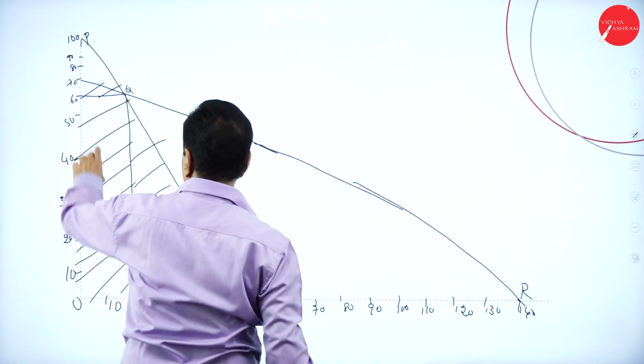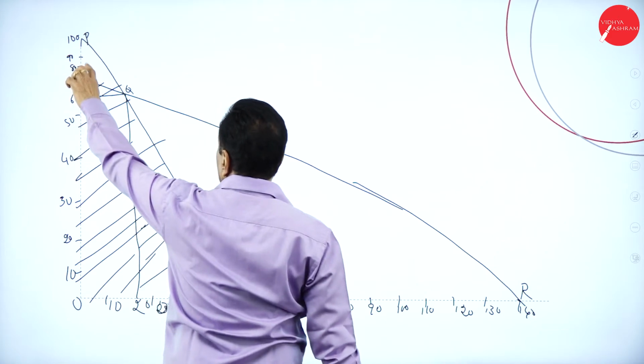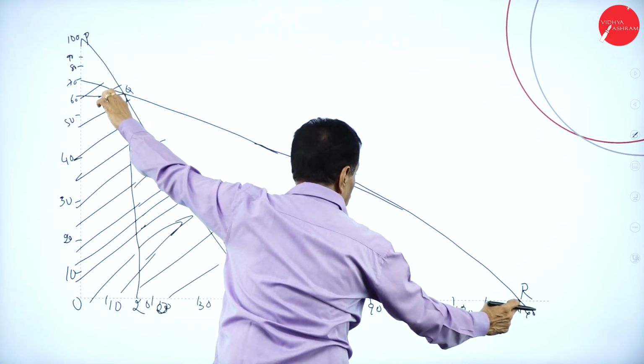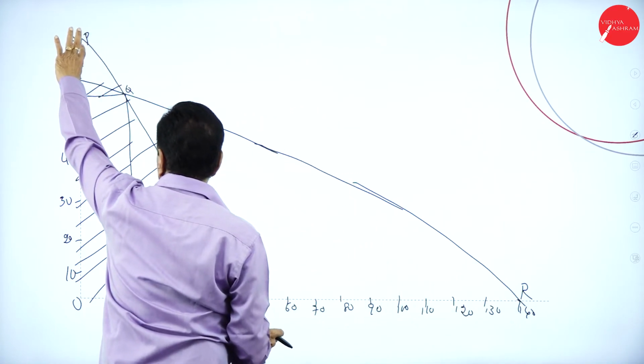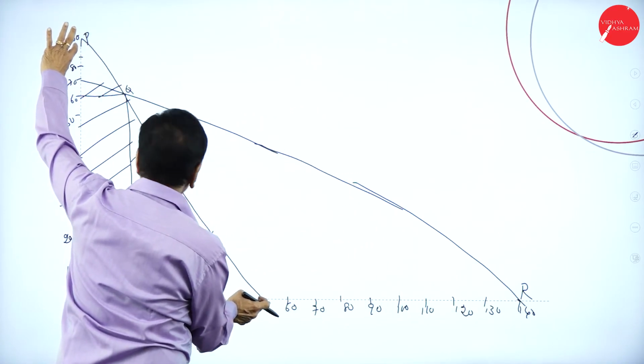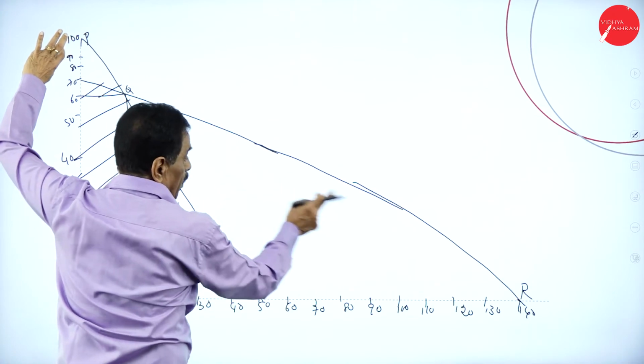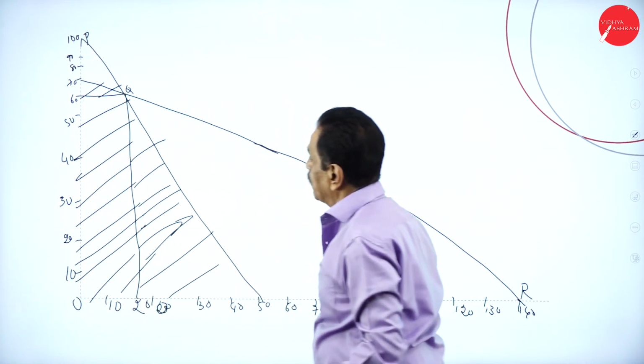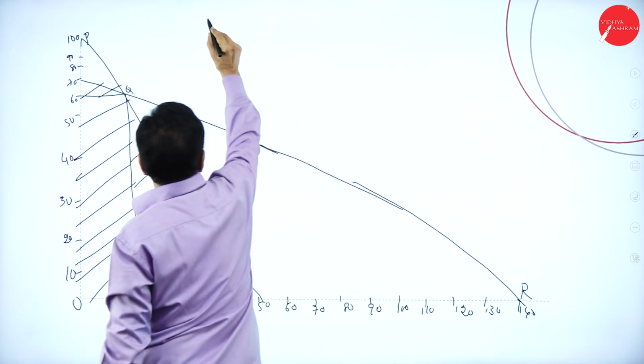Roughly you can say that the first one, 70 to 140, this is R you have taken. Second one, 100 to 150, you have given this. Q is for both. Okay, feasible region.